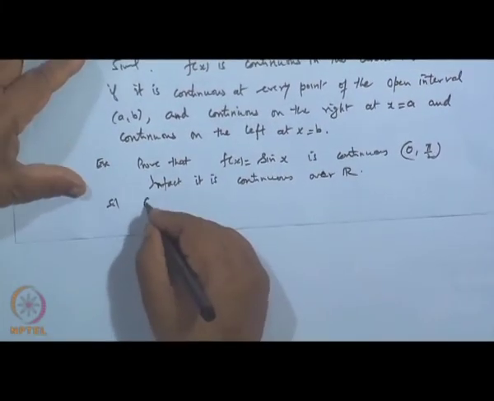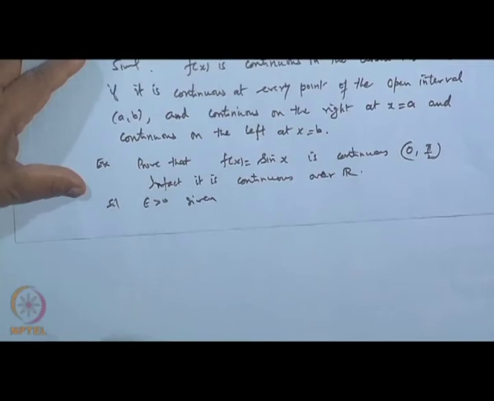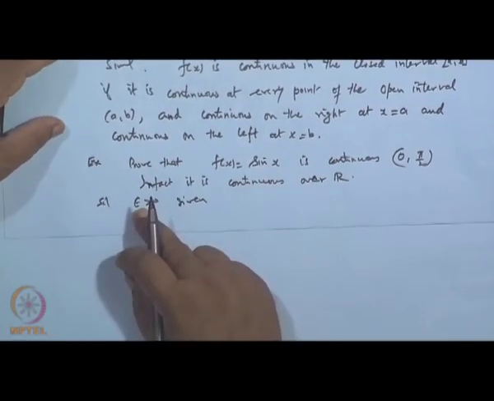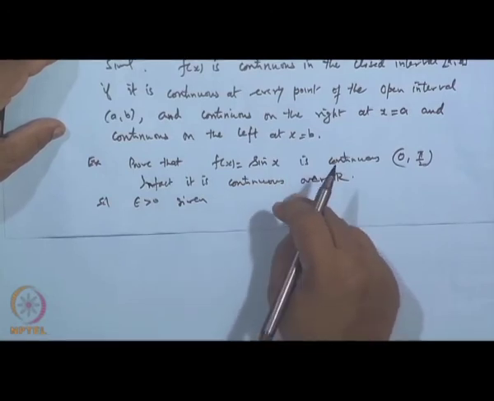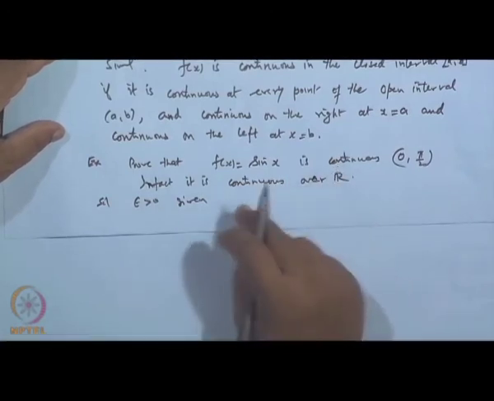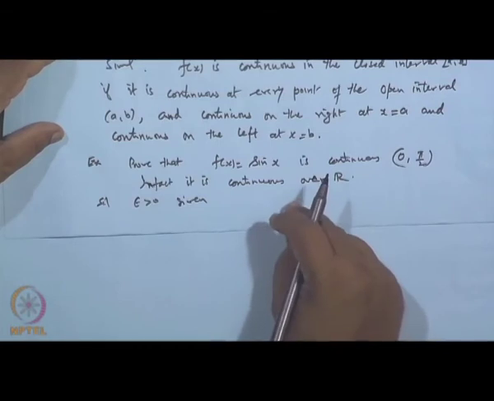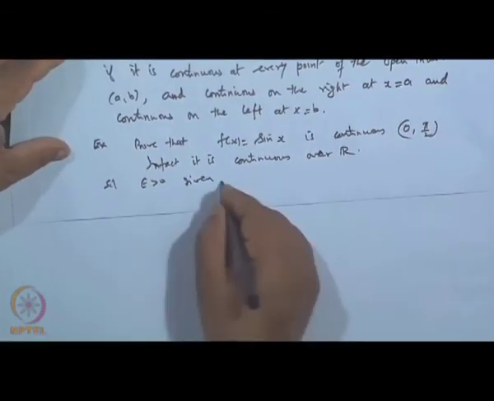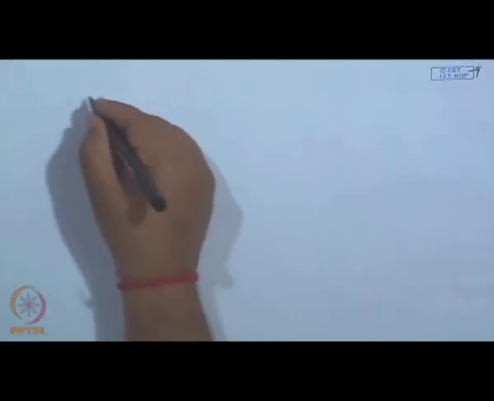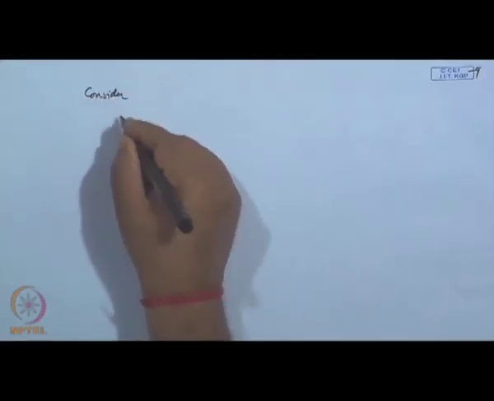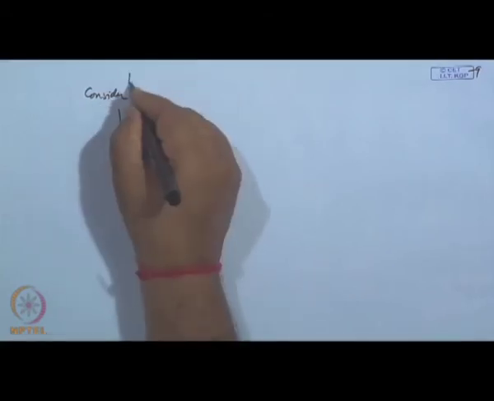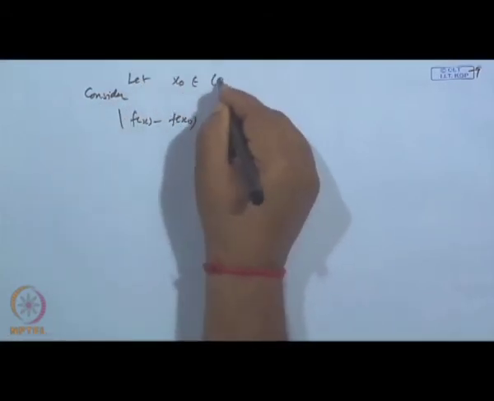Suppose epsilon greater than 0 is given. We have to identify delta depending on epsilon, so that the mod of f(x) minus f(x naught) is less than epsilon, provided mod x minus x naught is less than delta. So, consider the mod of f(x) minus f(x naught), where x naught is a point in this interval.